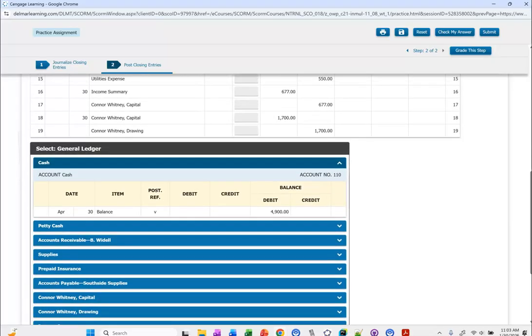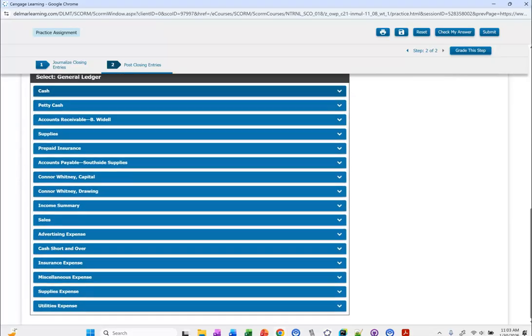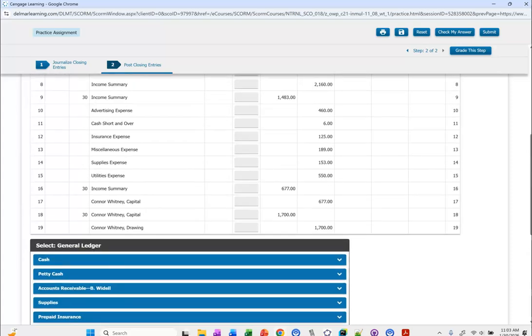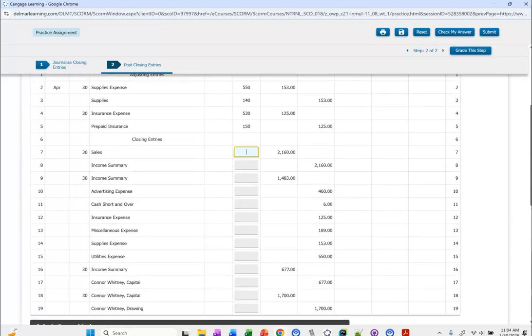So I'm going to go down below and look at my ledger. I'm going to go for sales. That's account number 410. So I'm going to record my post reference as 410 for sales.